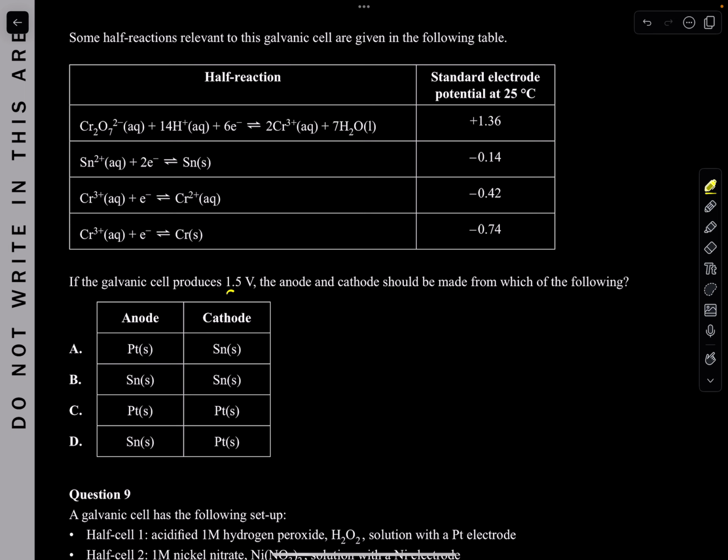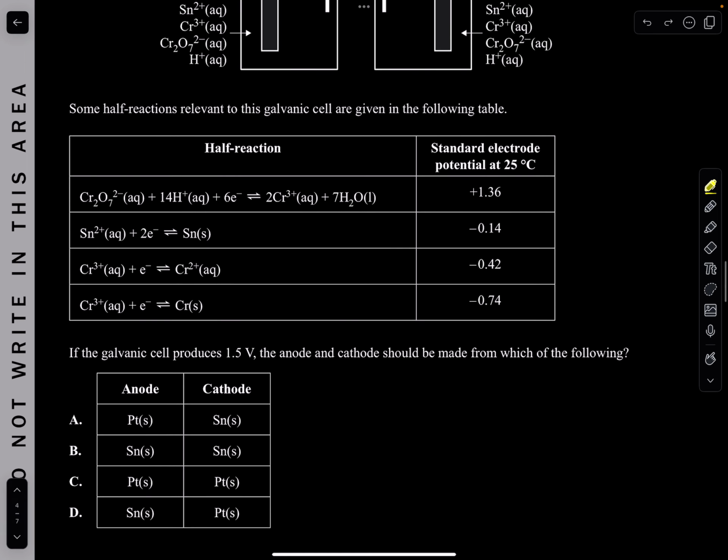If we want to produce 1.5 volts, look at these two: if I take this minus this, I should get 1.5 volts. So these are the ones that are going to be reacting. And remember, the one with the highest voltage is the strongest oxidizing agent, so this is going to be reduced.